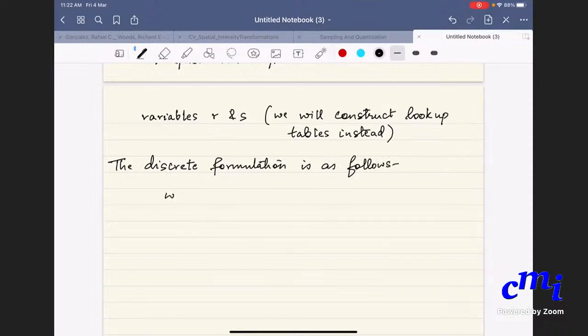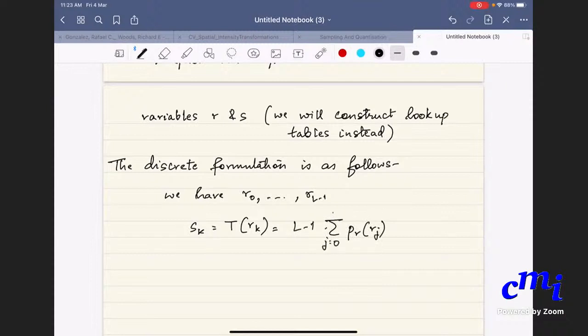So we have discrete intensity values R0 up to R(L minus 1). And we know that Sk is T of Rk, which is (L minus 1) times, instead of integral, we have summation of PR(Rj), j equal to 0 to k.